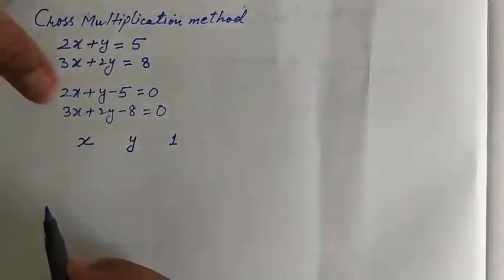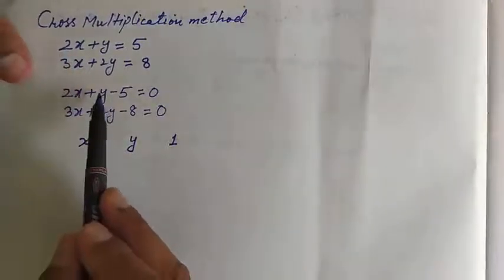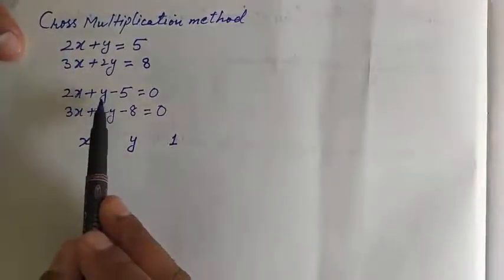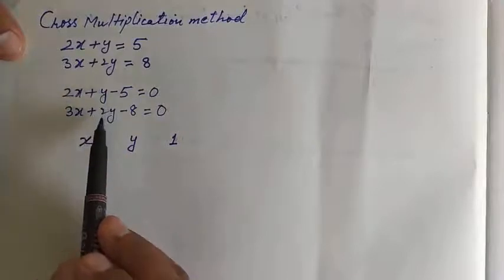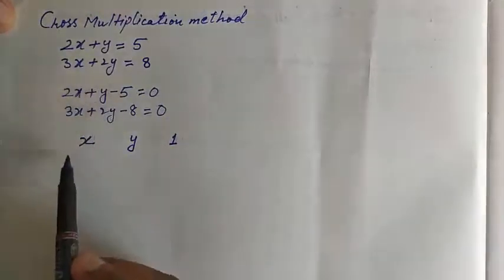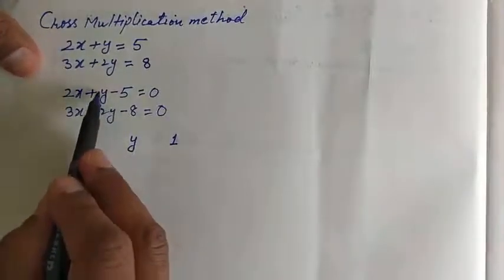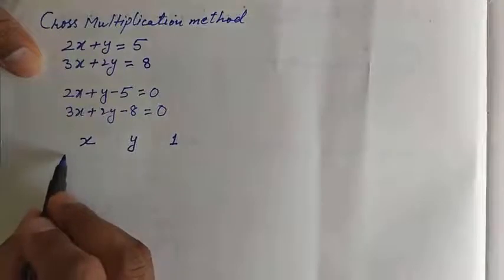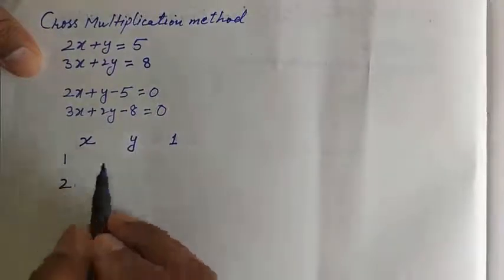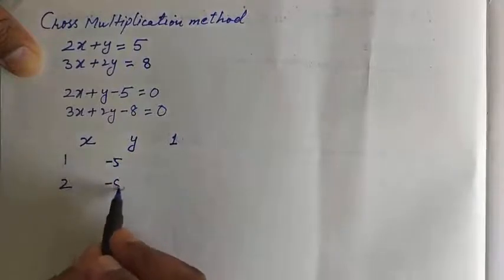See, first of all, below x, we'll start writing the coefficients from y. We'll write the coefficients of y here, then the constant terms, then the coefficients of x, then y again. So the coefficient of y is 1 here, 2 there. So we'll write here 1 and 2. Here minus 5, minus 8.